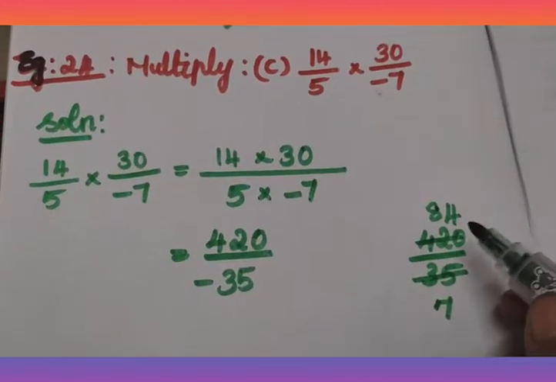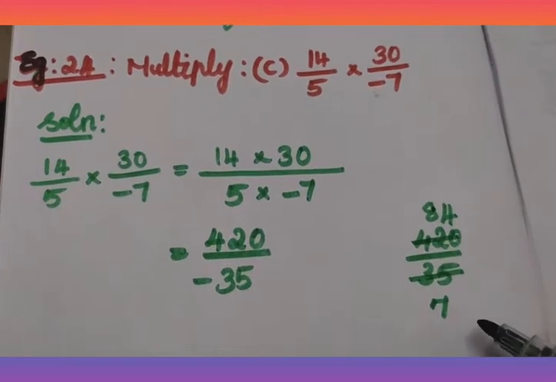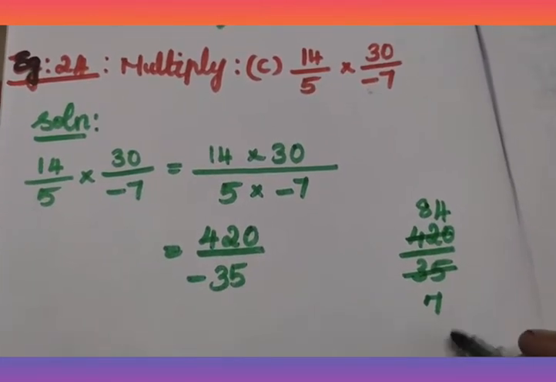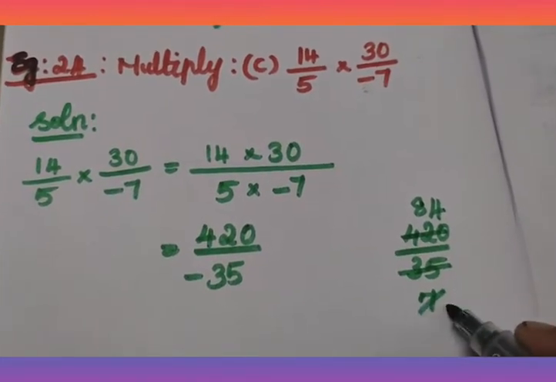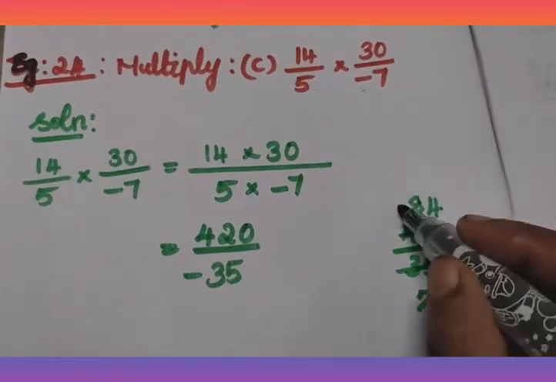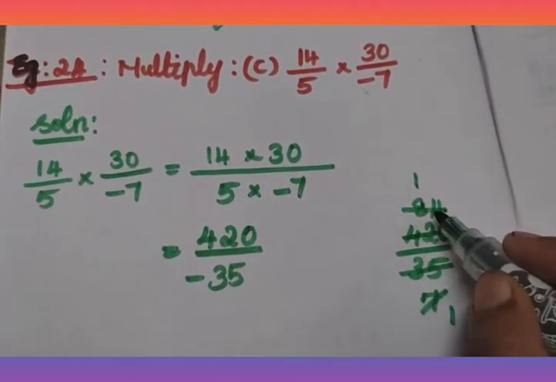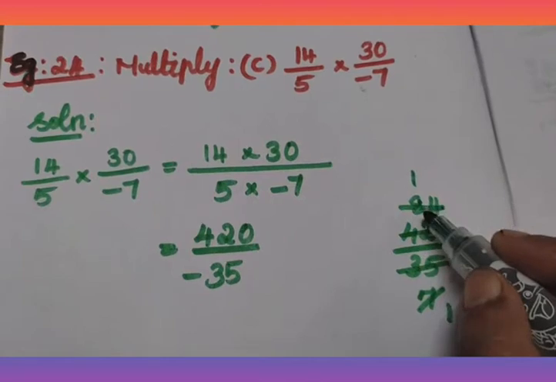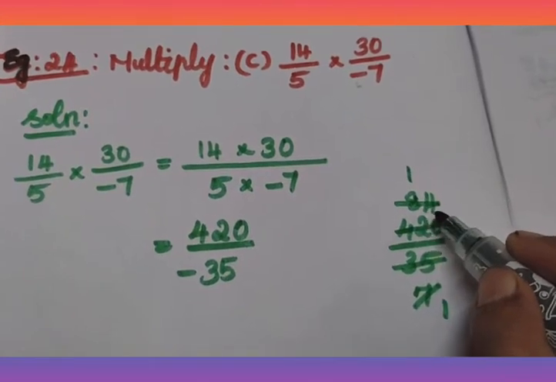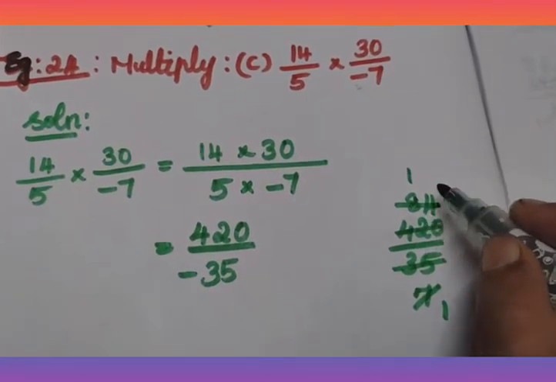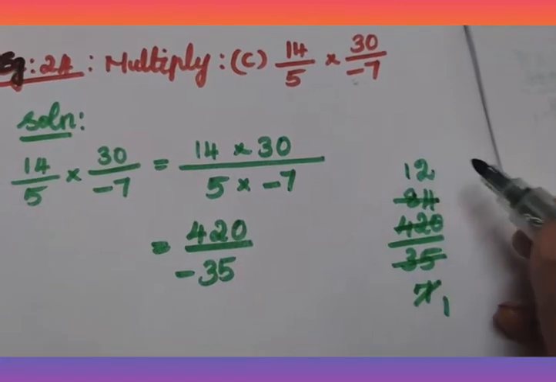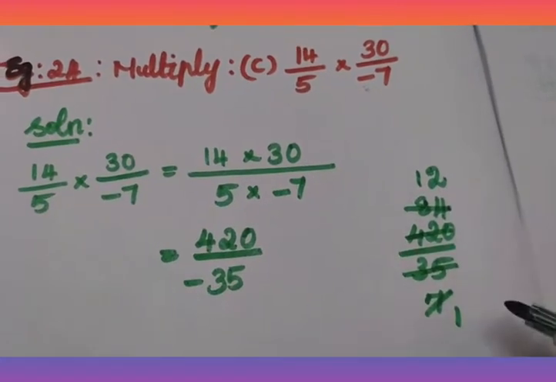Now the numerator is 84 and the denominator is 7, so we can divide by the 7th table. 1 7 is 7, remainder 1. 8 minus 7 is 1, so that 1 and 4 becomes 14. 7 2's are 14. So 12 divided by 1.